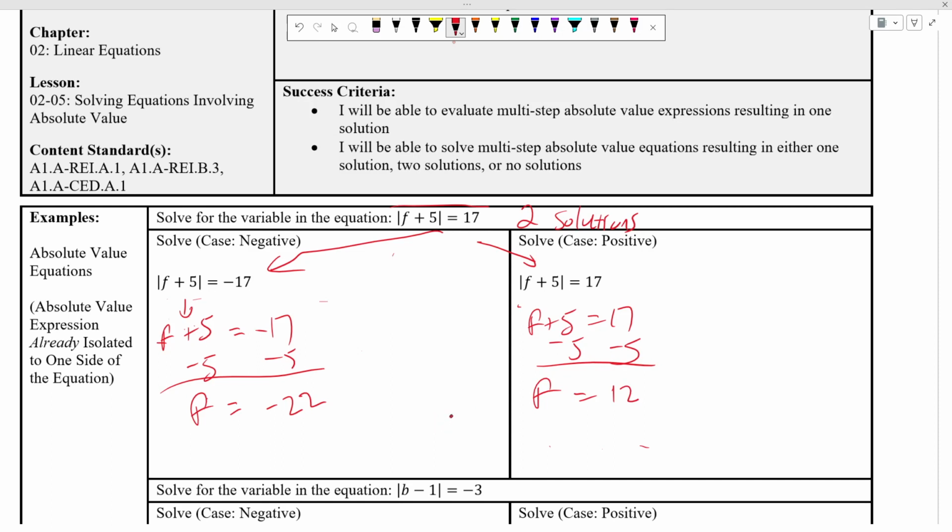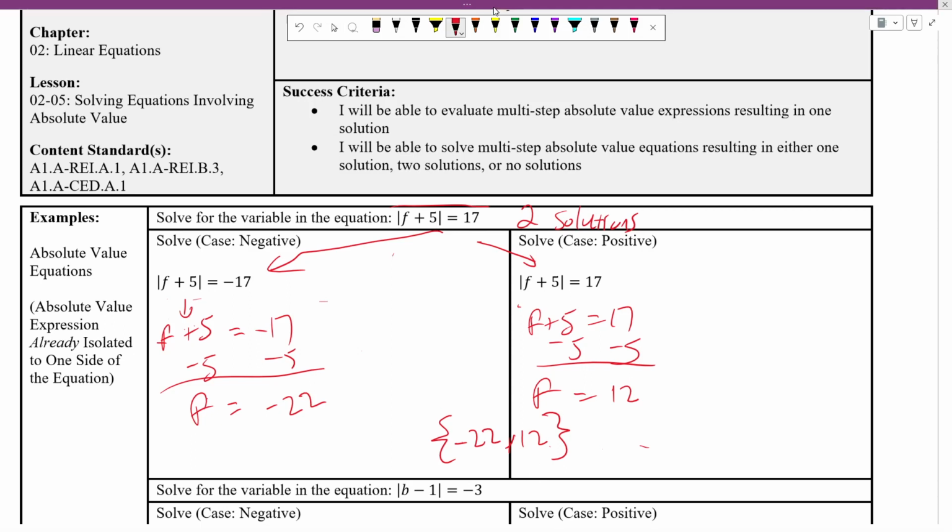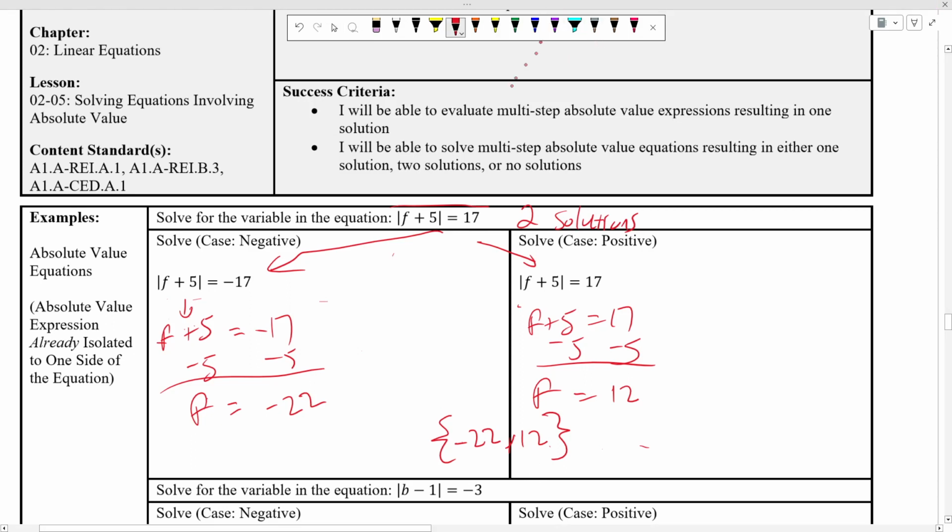So the way we write our answer would be to say that the solution to this problem is that x can be either negative 22 or positive 12, depending on the direction that we're looking at. And when we plug these in, we are proving it, and maybe I'll work one real quick to give you a sense of what a proof would look like for this.